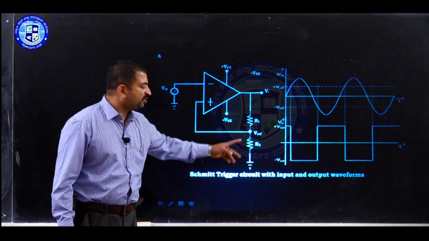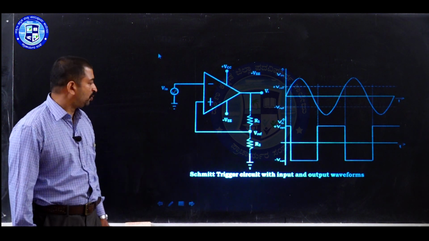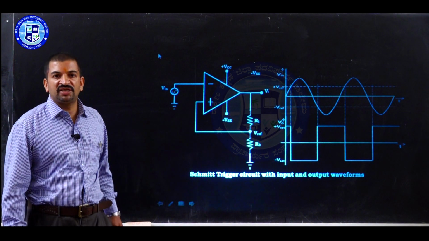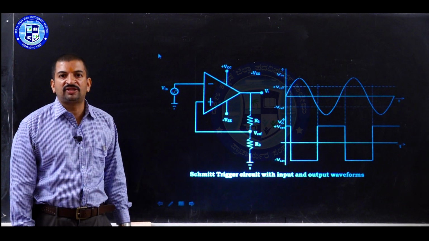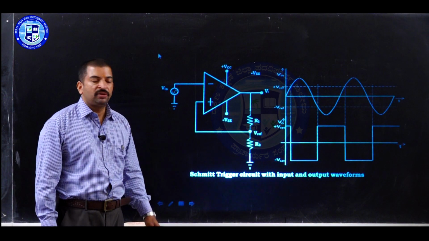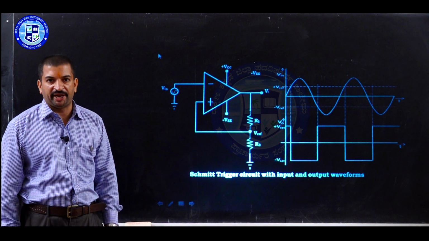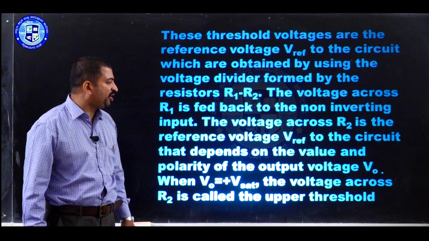Now the voltage across resistor R2 is called the reference voltage to the circuit. Here there are two types of reference voltages. One is called the upper threshold voltage and one is called the lower threshold voltage. When the output voltage is positive, the voltage across resistor R2 is called the upper threshold voltage. This voltage can be calculated using the voltage divider rule.